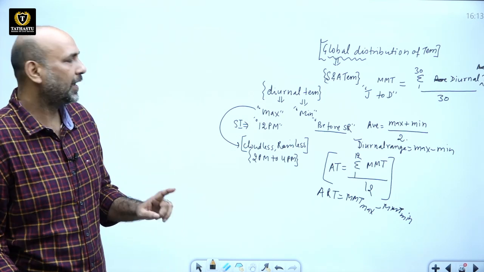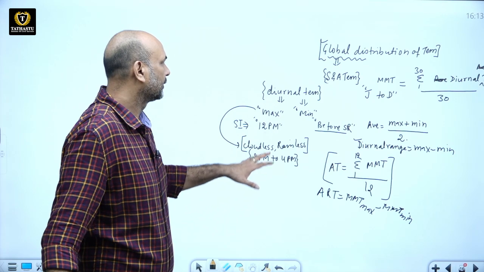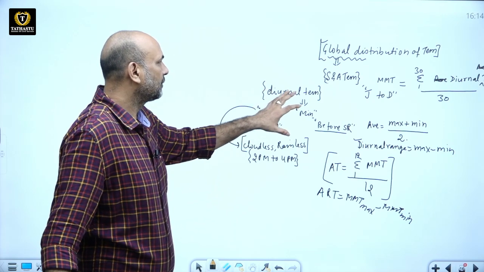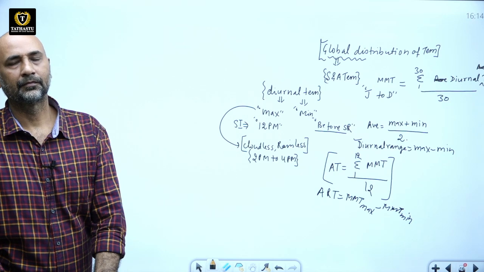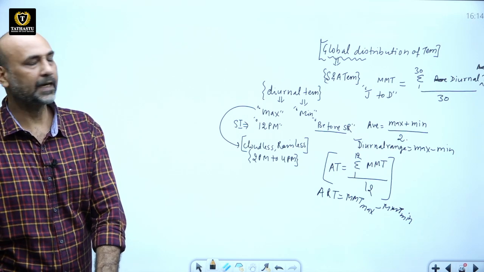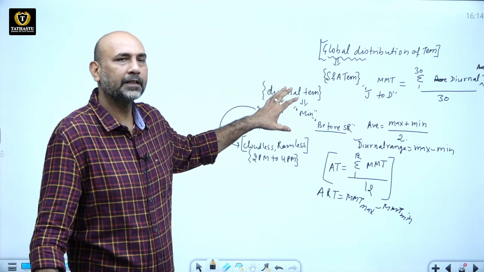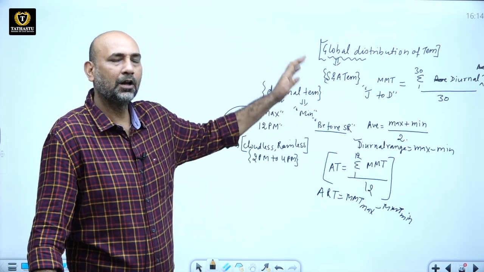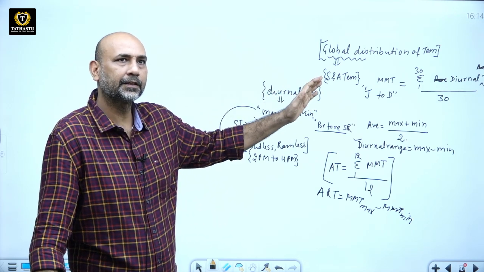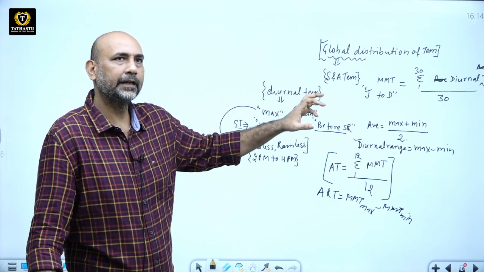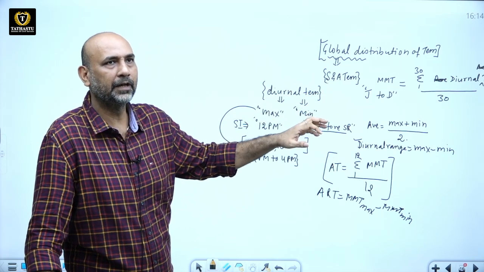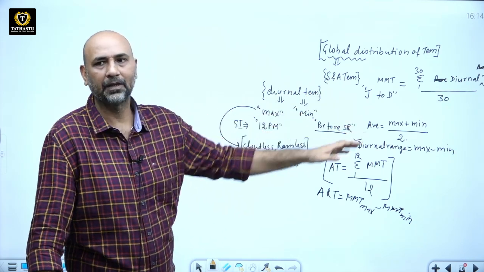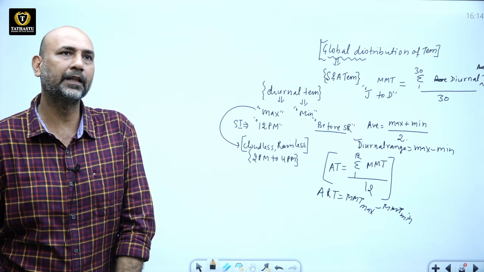Short-term temperature variation is indicated by diurnal maximum and diurnal minimum and their differences. That is why short-term atmospheric conditions are called weather, and long-term atmospheric conditions, calculated by taking the average into account, are called climate. So, there is a difference between weather and climate.